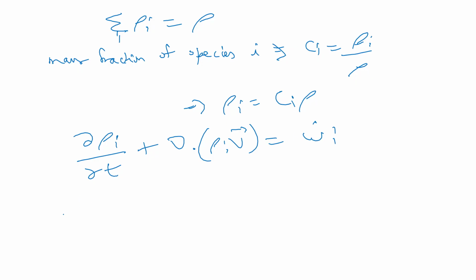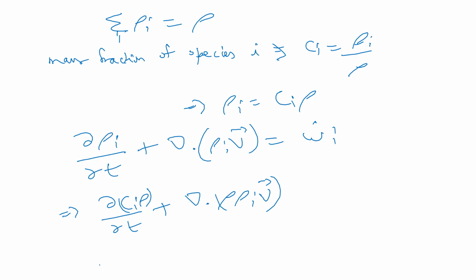Substituting rho i here, we will get del rho Ci upon del t plus del dot rho Ci V equal to wi dot.